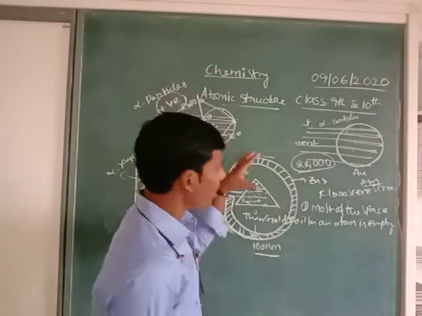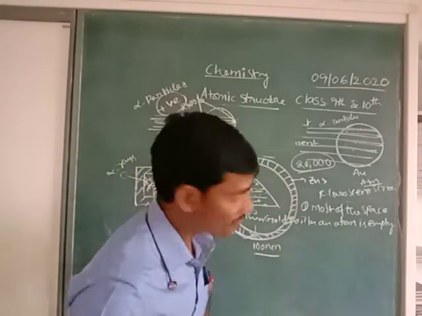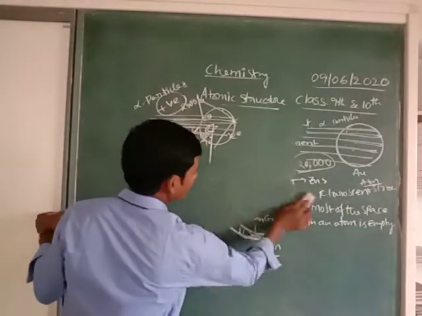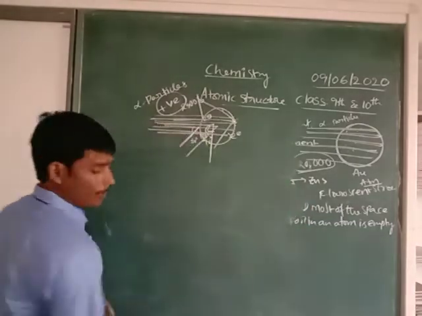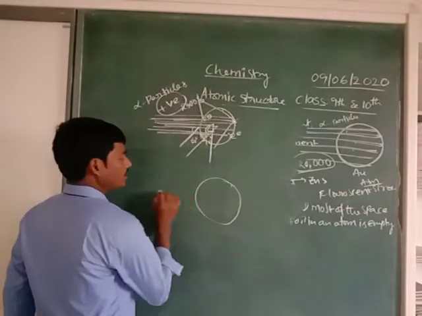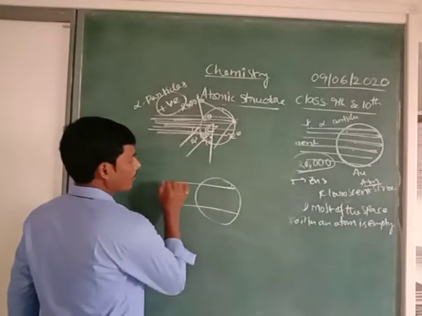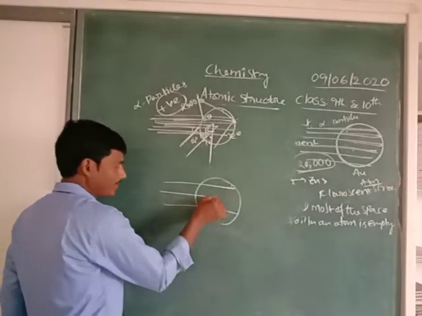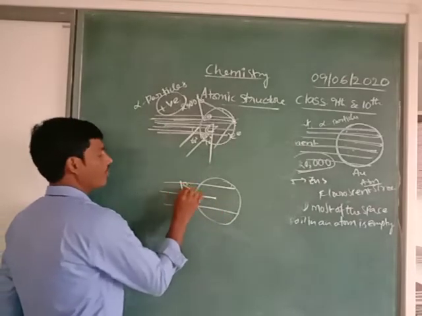And few of the alpha particles, see children, among those 20,000 alpha particles, one particle will go in a straight line and come back with an angle of 180 degrees.